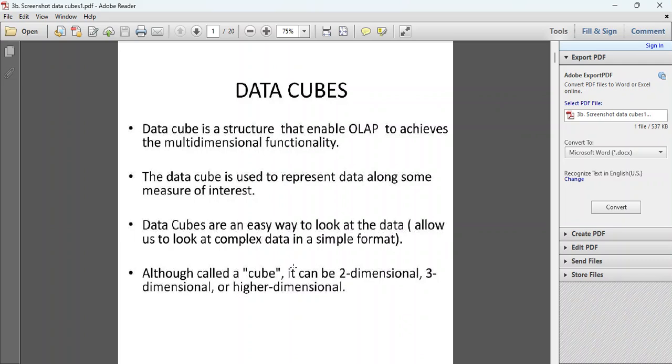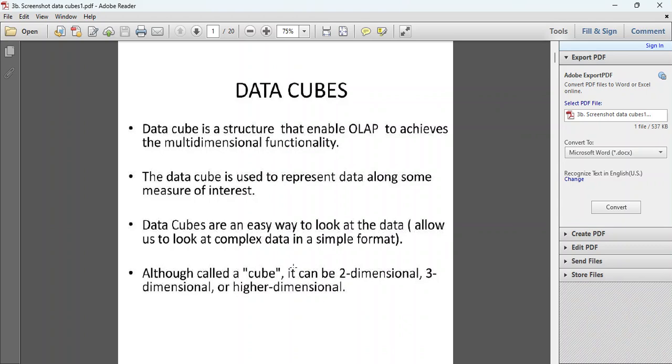Data cubes are an easy way to look at the data, which means we can look at data cubes in any dimension. So, if we take a three-dimensional data cube, we look at the data from a three-dimensional view. We will see how in the coming slides. Please stay until the end, then you will easily understand these data cubes.